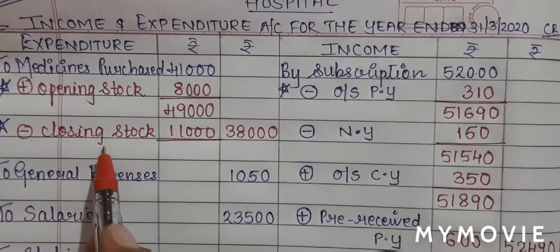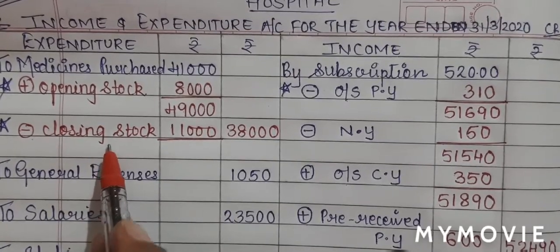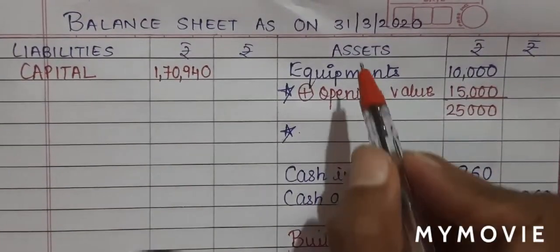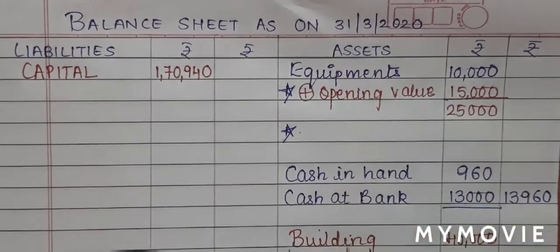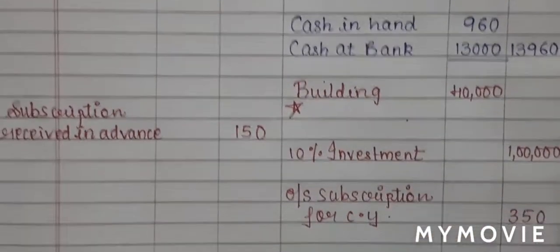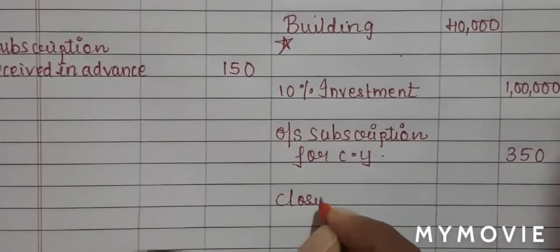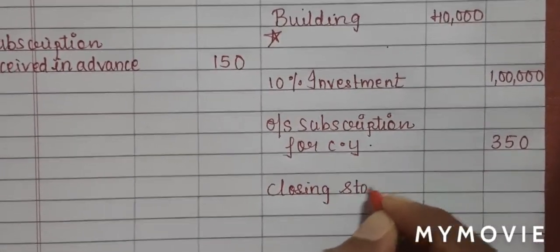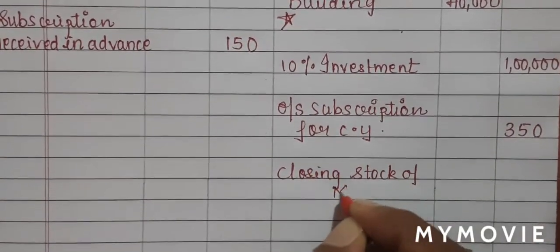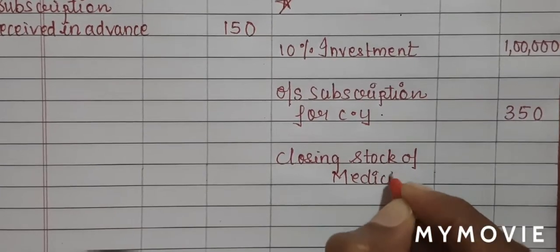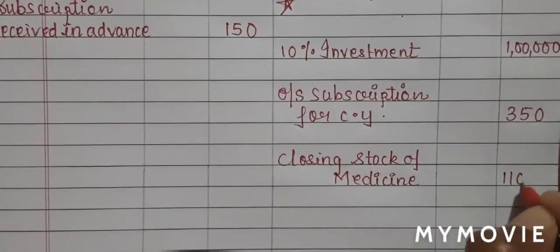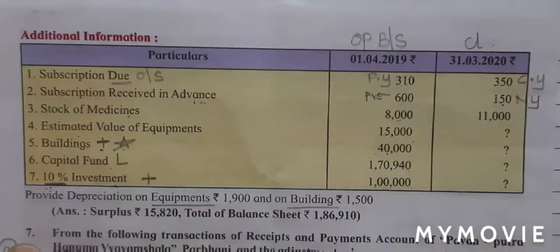This is my first effect for closing stock of medicines. Second effect will be on the asset side. So on the asset side, I'll write down closing stock of medicine, 11,000 in the outer column.